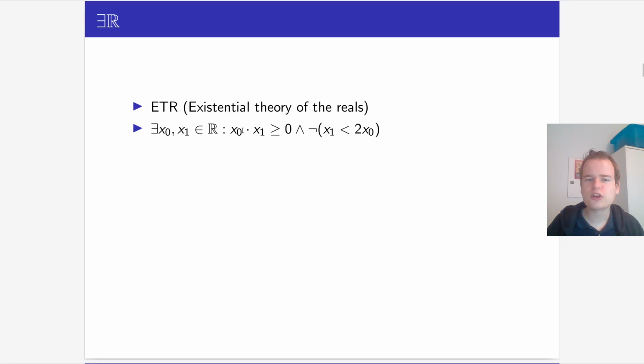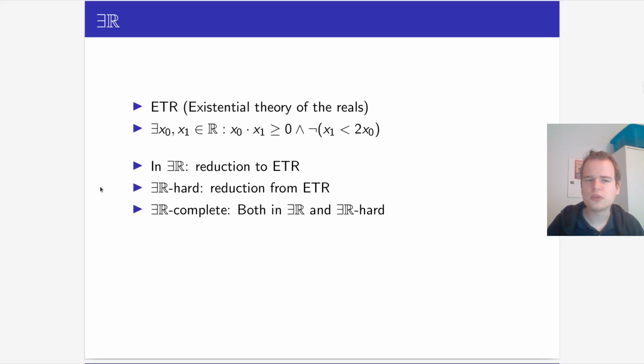In this problem we are given some formula involving some real variables, and we ask, is there some way to assign a real value to each of these variables such that this formula is satisfied? Now we say that a problem is in this complexity class ER if we can reduce it to this ETR problem. We can also define ER hardness and ER completeness, where basically something is ER hard if ETR can be reduced to this problem.